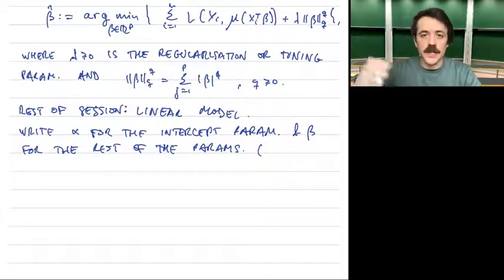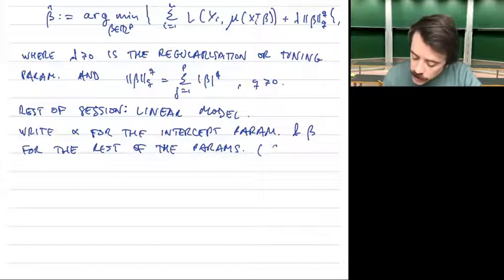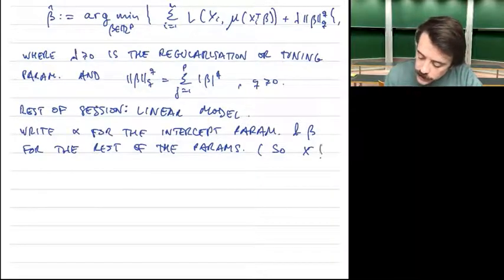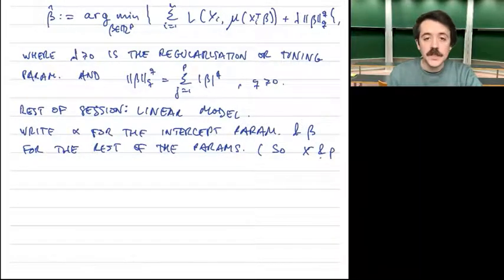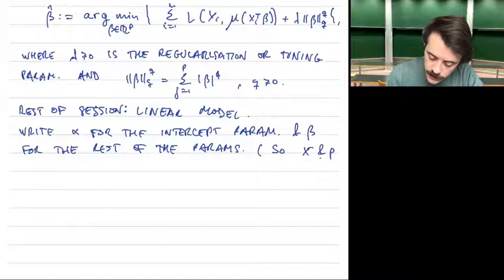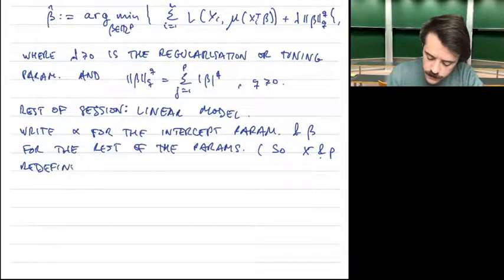So we sort of renamed beta, and so we also have to redefine the X and P accordingly.